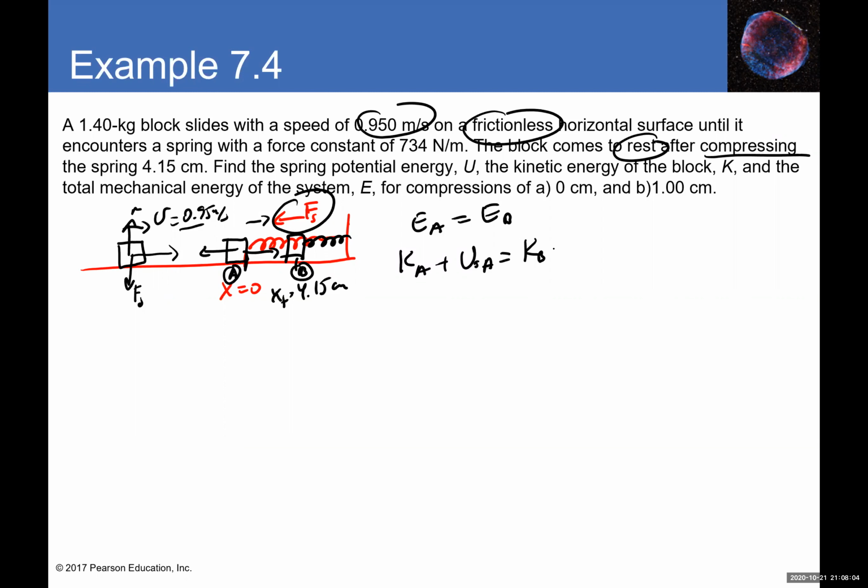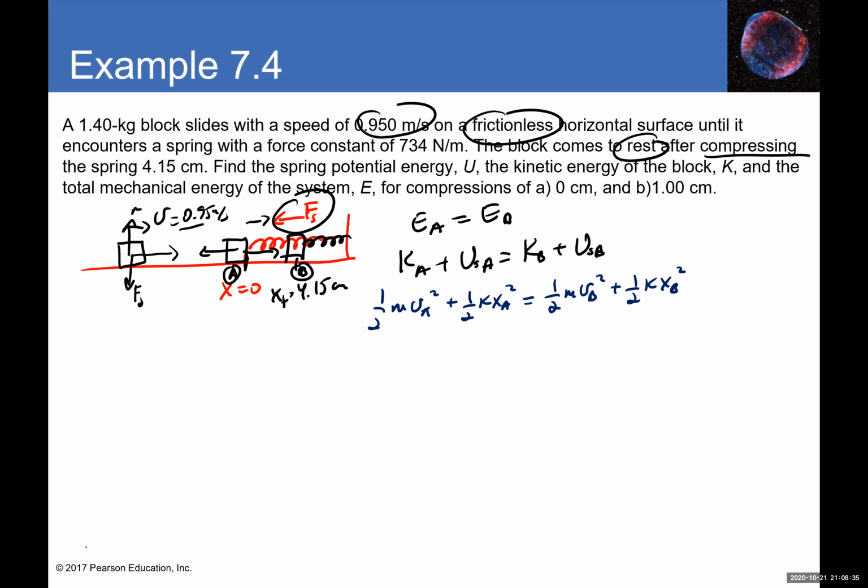Equals Kb plus U spring B. So this becomes 1 half mva square plus 1 half kxa square equals 1 half mvb square plus 1 half kxb square. Those are the equations.